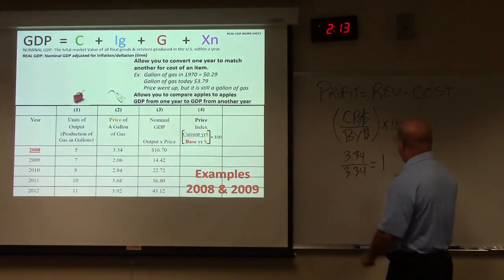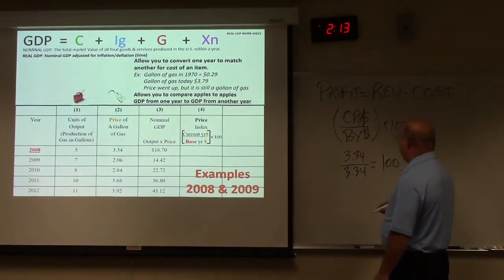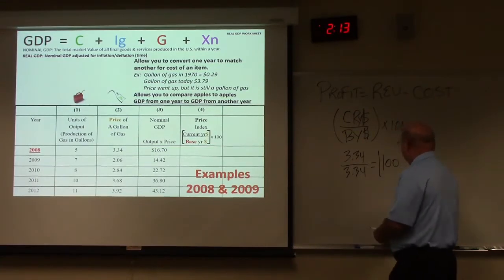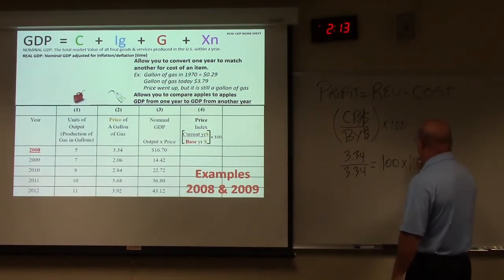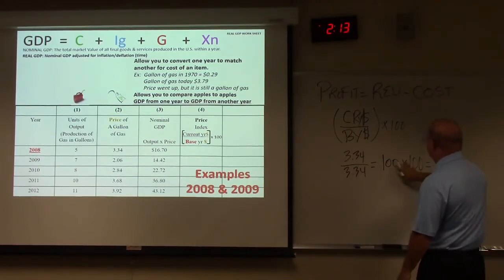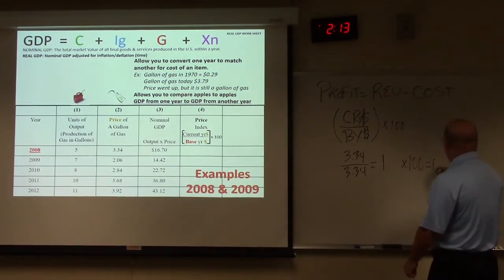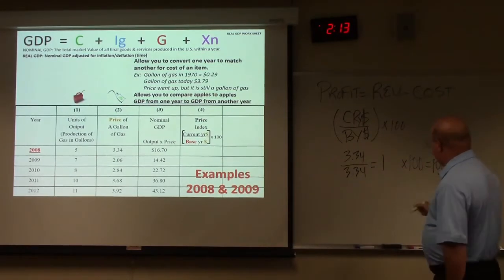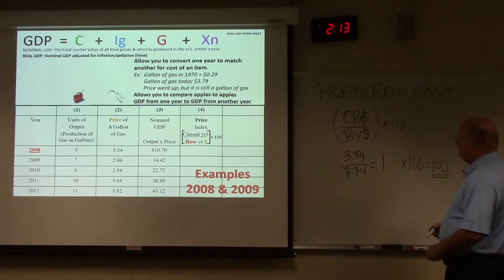Multiplied by 100, we get 100. So our price index for 2008 is 100.